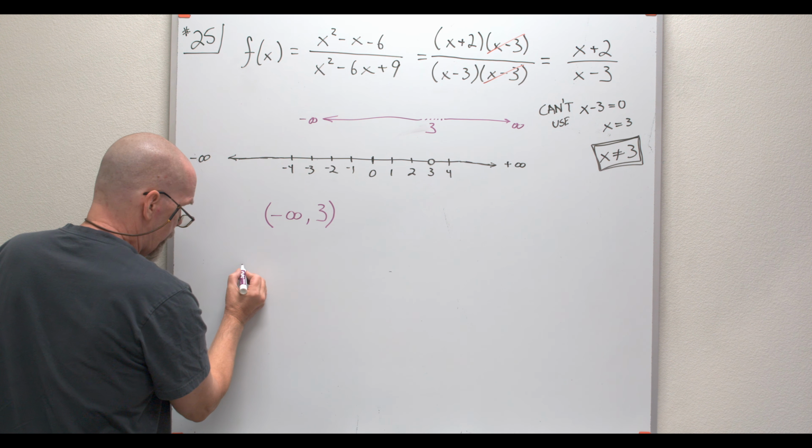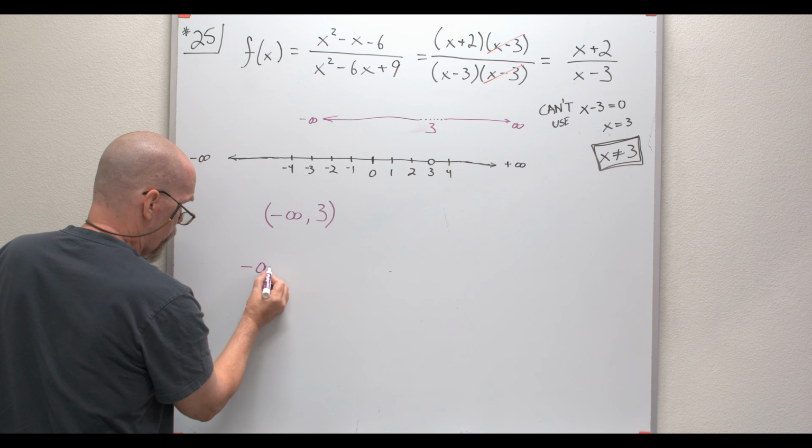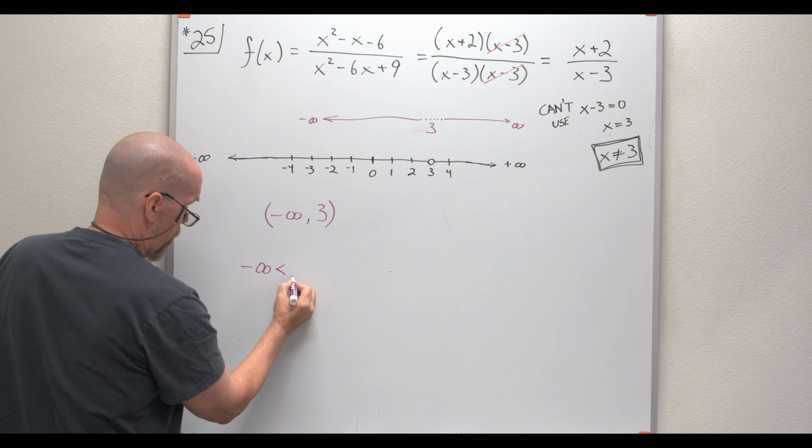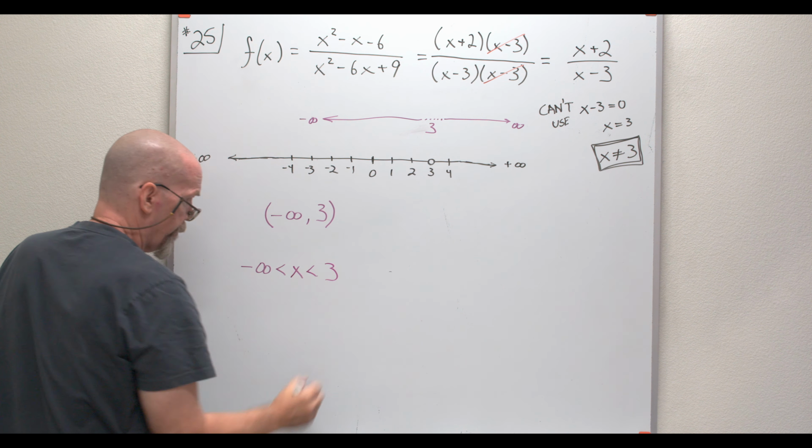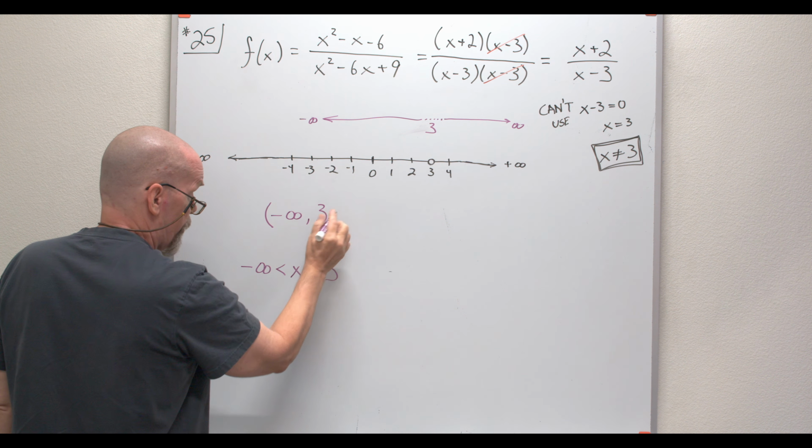I could write this in inequality notation if I chose. This way. We're not allowed to use that, but sometimes you have to know this. If we could use that 3, and I did it that way, it would change this to a square bracket.